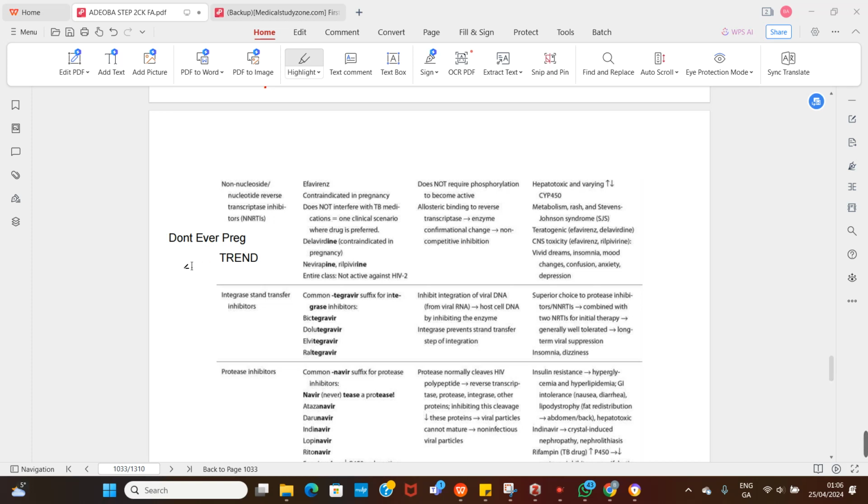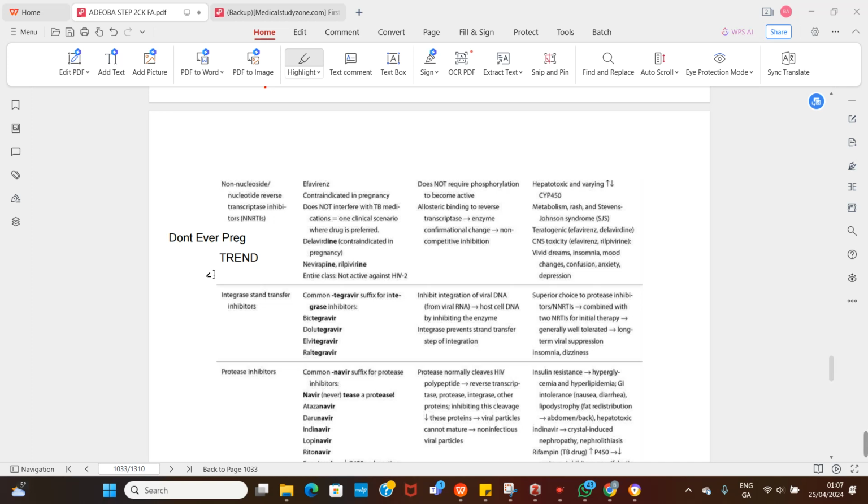So you want to be very careful of prescription of delavirdine or efavirenz in a pregnant woman because they are both teratogenic. You don't use them in someone that is pregnant. The only good side to use of efavirenz is that you can use it in combination with anti-tuberculosis medication without any interference. That's a good part of efavirenz, but efavirenz has a very bad side effect profile.